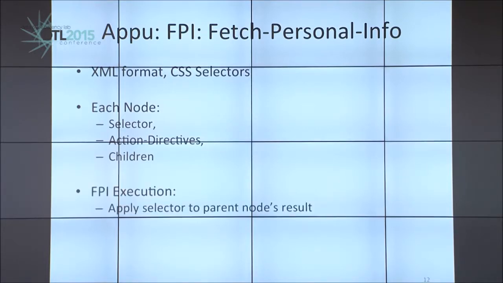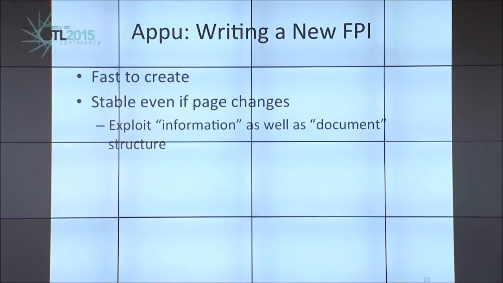So when the FPI is executed after the user logs in, it applies the parent selector to the web page. The result is executed as an action directive, something like fetch the href or bring me the subtree of the HTML document. And the result is passed to the children to apply their own selectors and action directives.